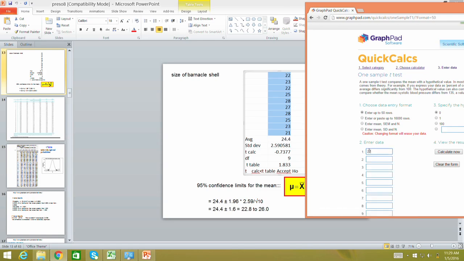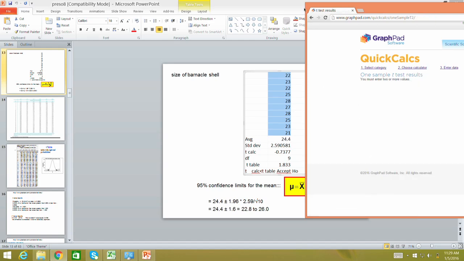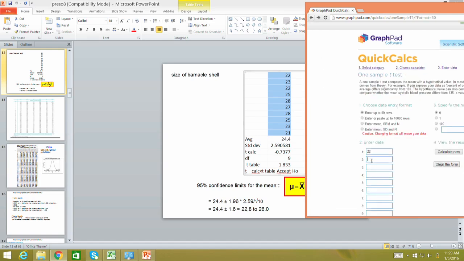So, we say 22, then 23, then 20, 22, 25, 28, 25, 28, 27, then again 28, then 25, then 23.